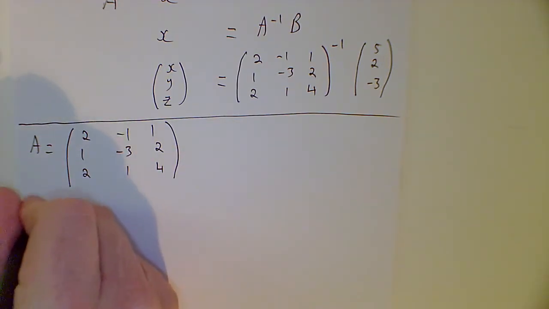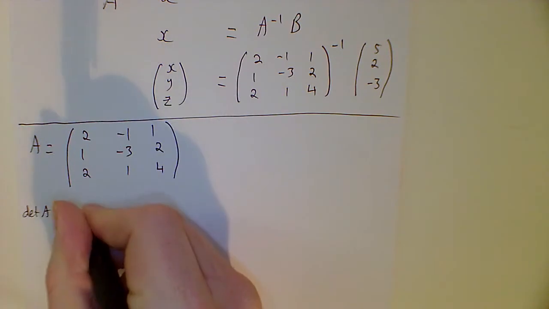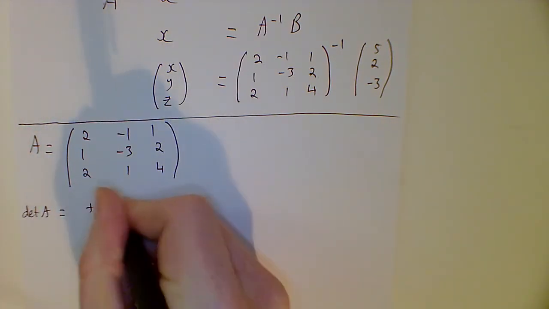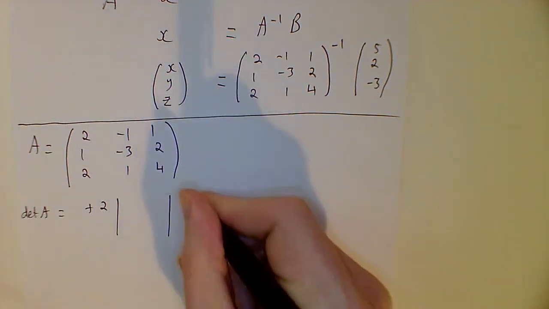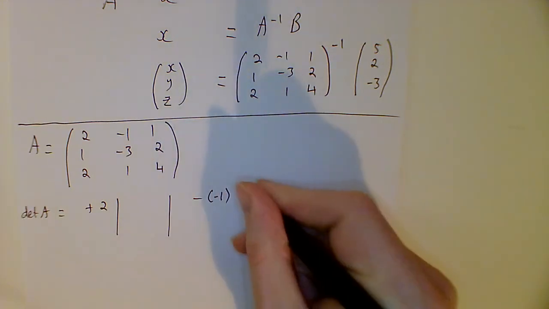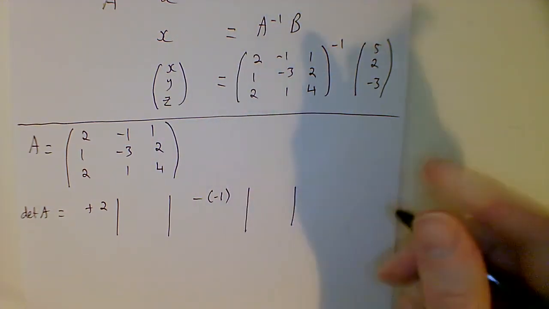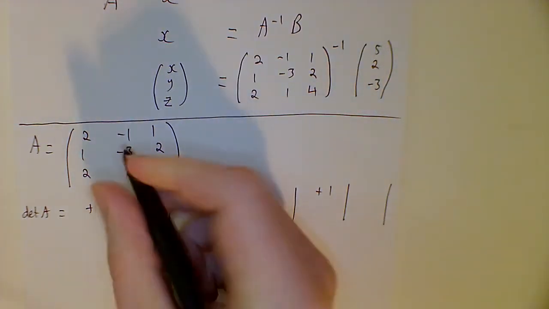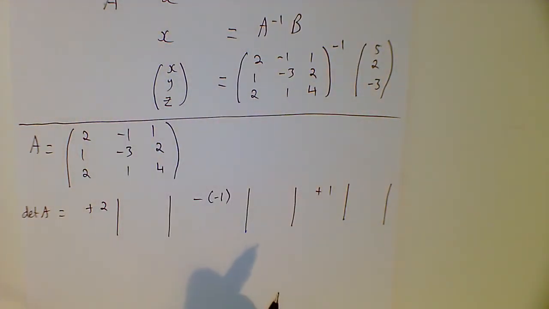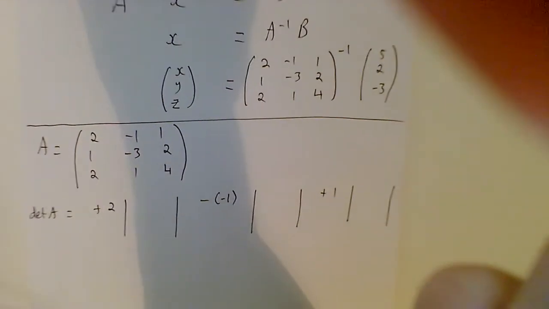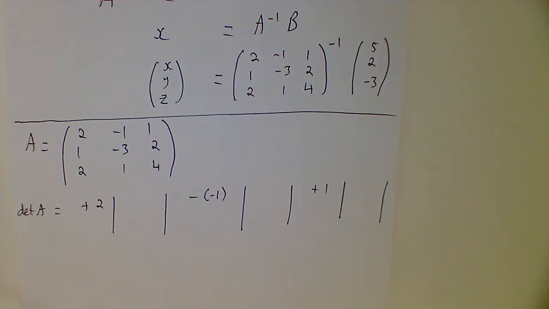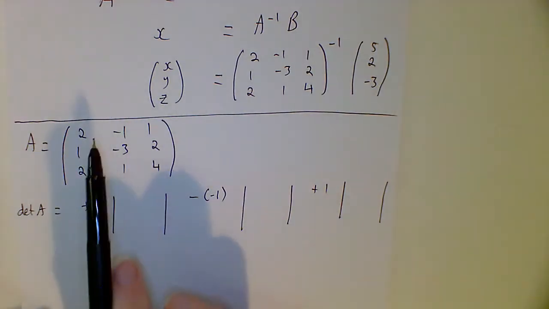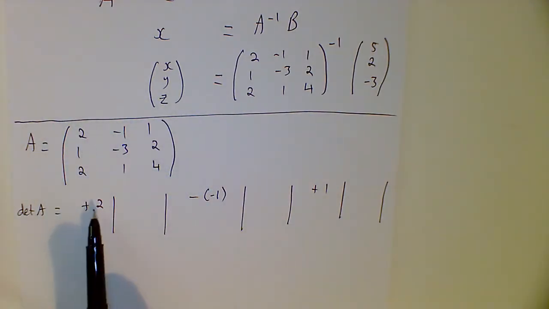So we know from last week this takes a little bit of time. First of all, we find the determinant of A. So that means we expand along the top row. So that's positive 2, take away negative 1, plus 1. And then remember, we create minor matrices. Those wee squares are minor matrices of the elements not on the row and the column of the coefficient.